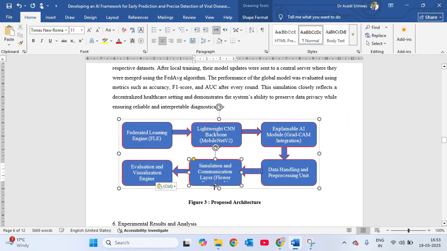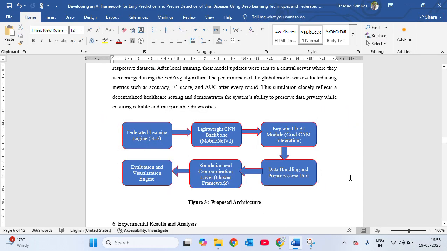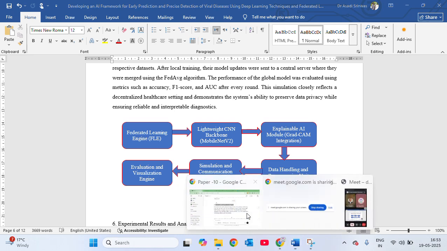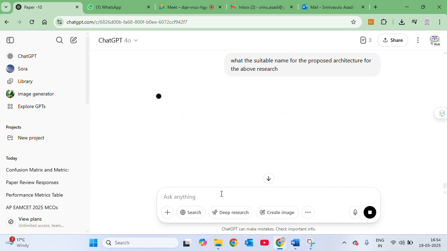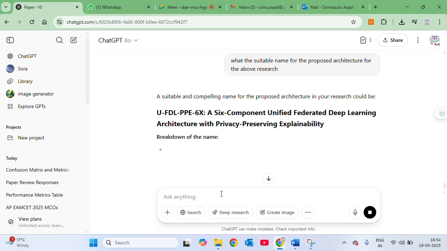Yes, now so now I will ask what is the suitable name for the proposed architecture for the above research. Now it will give us the architecture name. What is the architecture name?